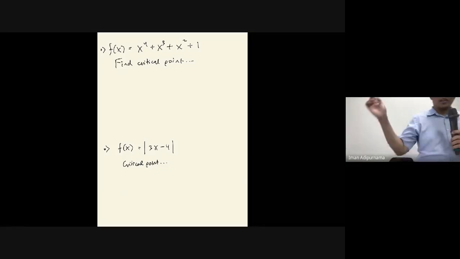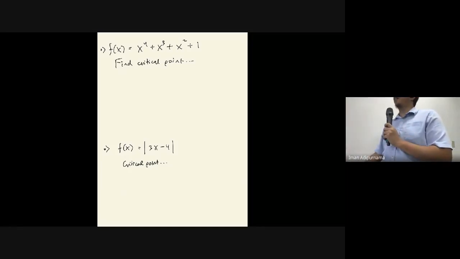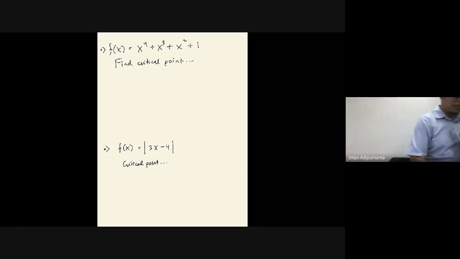Okay, number one. It's not necessary, when I say find critical points, to find every number that you can. What does it mean? If this is f prime, 4x cubed plus 3x squared plus 2x, it should be equal to 0. Maybe the first thing you can do is just factorize.